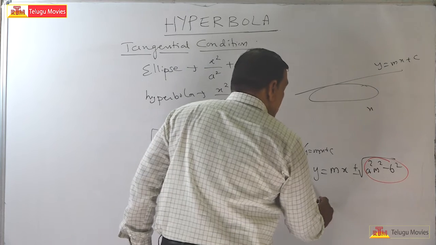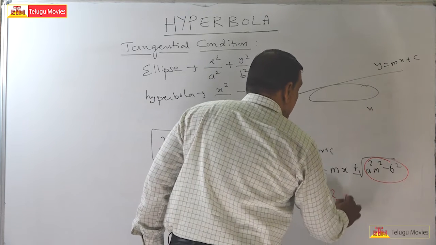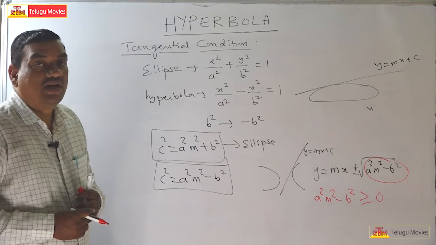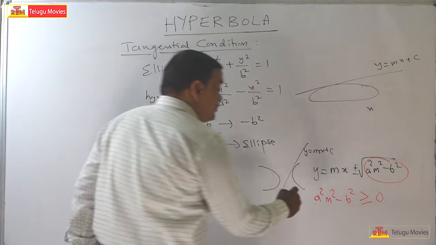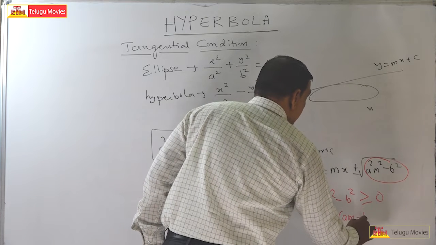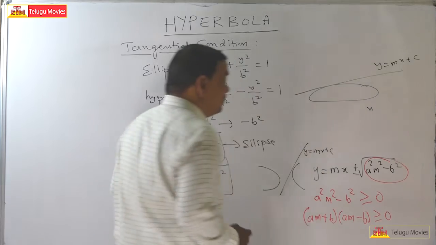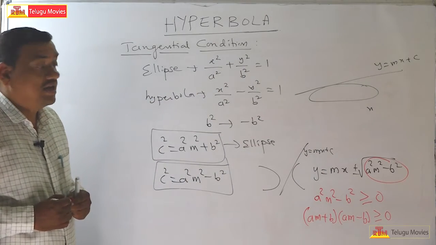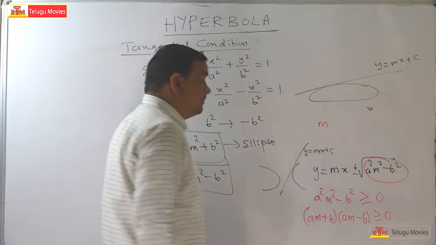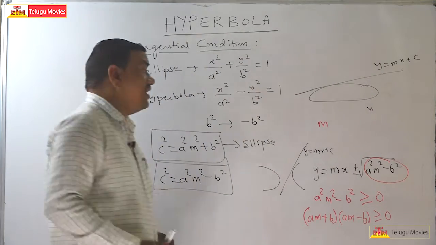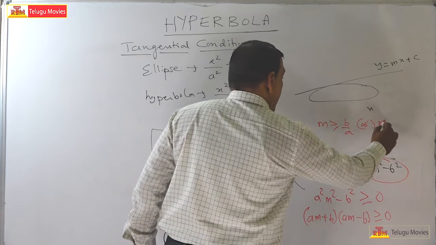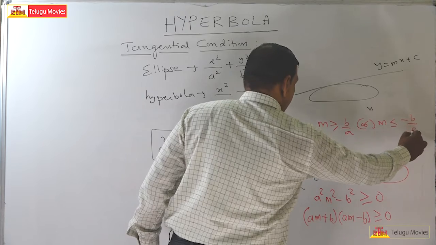Therefore, a square m square minus b square should be greater than or equal to 0. So we can write it as (am plus b) into (am minus b) greater than or equal to 0. That means m should be either greater than or equal to b by a, or m should be less than or equal to minus b by a.